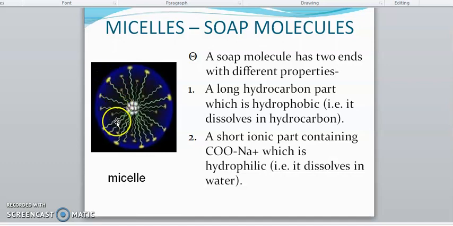All the soap molecules present in the solution will be oriented in a circular manner, and such a circular aggregation of the soaps as well as the detergents is known as micelle formation.